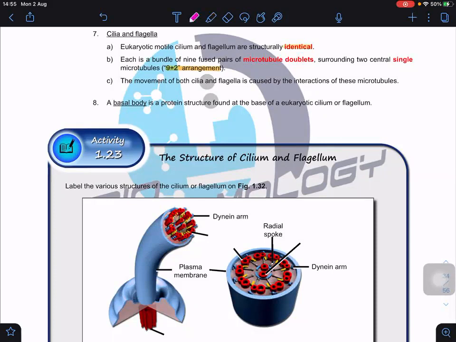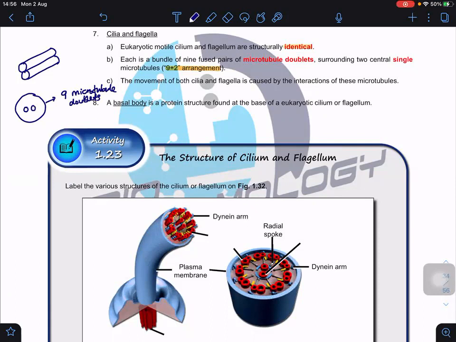So how is this 9 plus 2 arrangement special? Just now in the centriole we learned about 9 plus 0. The 9 is the microtubule triplets, but here it is doublets. It means we have one microtubule joined with another microtubule. This is called a doublet. Are you clear? These doublets, we have 9 of them forming the outer ring. And at the center, we have 2.